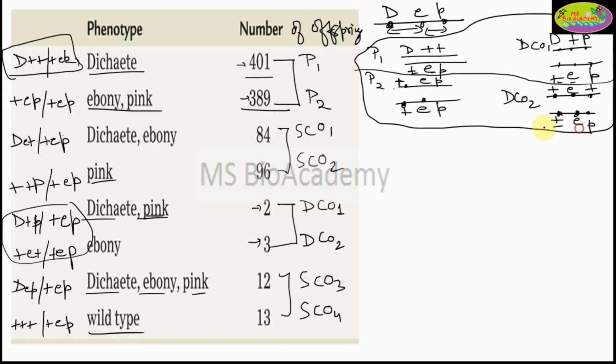All same. But P is not the same. So that means whose position must have changed in the double crossover event when these double crossover genotypes have been formed from the parental one? The P position.